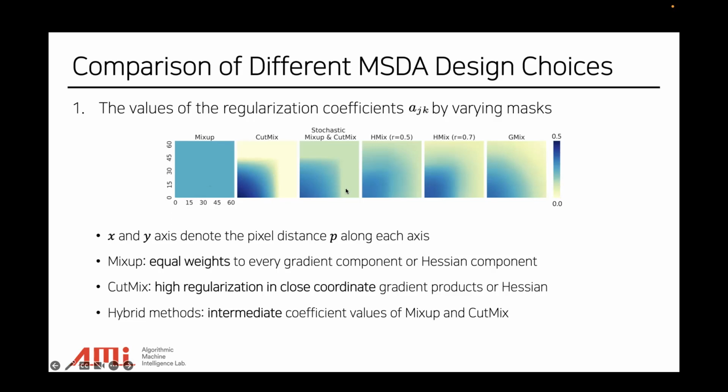And other hybrid methods, such as stochastic mix-up and CutMix, which do Mixup and CutMix alternately, and the proposed HMix and GMix have intermediate coefficient values. So with this figure, we can visualize the strength of the regularization by these coefficient values.